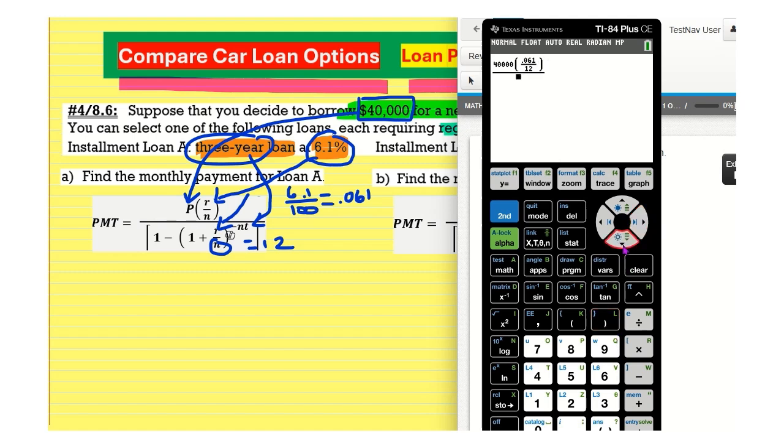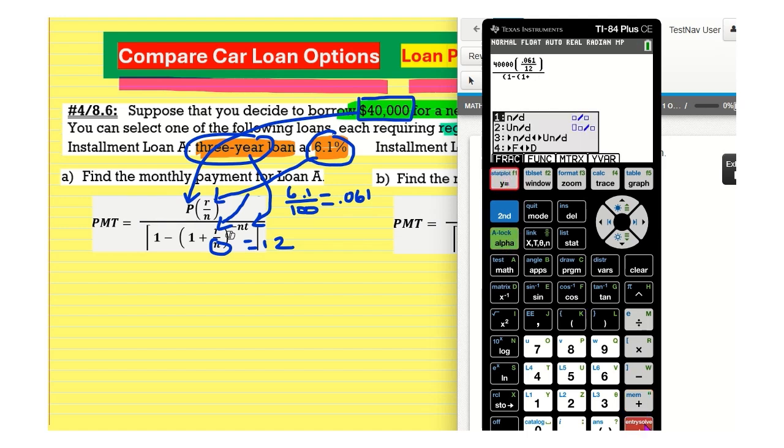Now I'm going to go to my denominator, parentheses, lots of parentheses. I think there is a bracket on the graphing calculator somewhere, but I just tend to use all parentheses. So parentheses and then 1 minus parentheses 1 plus the ratio again. So again, I'm going to pull up green alpha button, green F1.